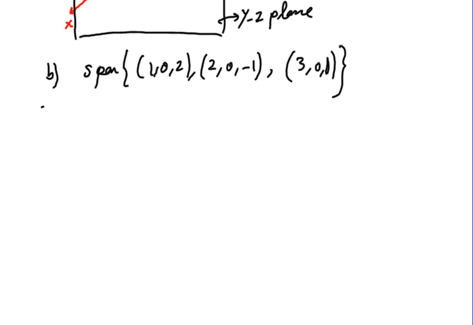Okay, before we draw them, what aspect of these 3 vectors strikes us? Is there anything peculiar about them? None of them have any y, so we can't stick our head out in the y direction. So at most, what is it going to be? At most, it's going to be just the xz plane, or perhaps some subset of that one.